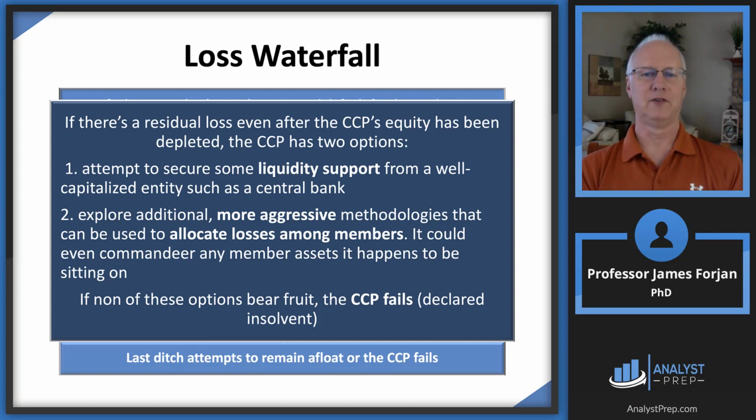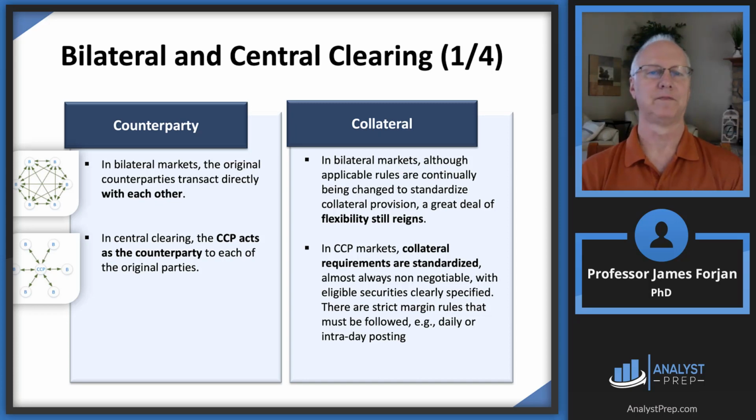All right, so if there's a residual loss, even after the central clearing party's equity has been depleted, then, watch this, I love this. Number one, attempt to secure some liquidity support from a well-capitalized entity, such as a central bank. Does that sound like a bailout? But then you can go to the surviving members and say, you know what, in order for us to survive, we need to do all of those other things. If this doesn't happen, then the CCP can fail itself.